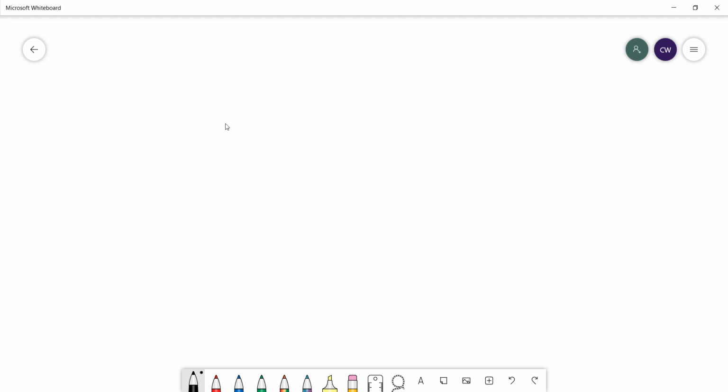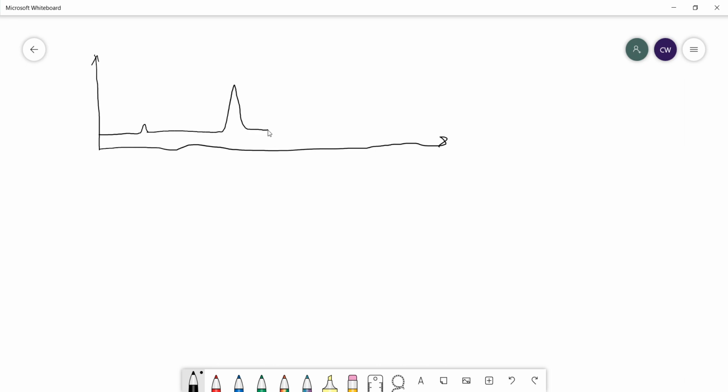We're going to focus on the liquid chromatography and gas chromatography side of things. But first, let's look at a chromatogram in more detail. Most chromatograms will have a few key things to look at.